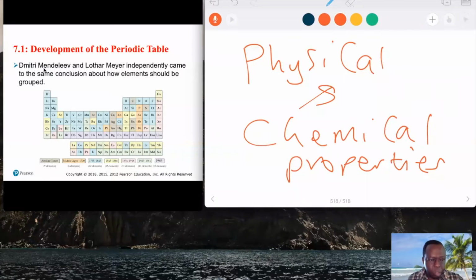So Dimitri is credited for organizing the periodic table. What you see on the PowerPoint slide is just the color coding based on the years those elements were discovered. I will not ask you in which year cadmium or silver was discovered, but this is just an overview of how the elements have been discovered.